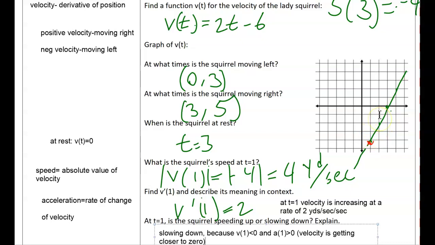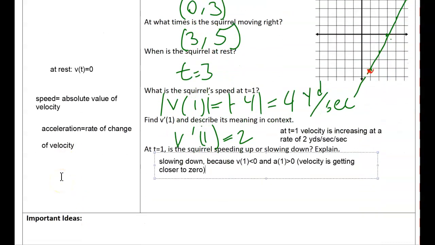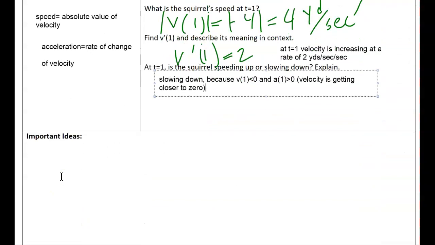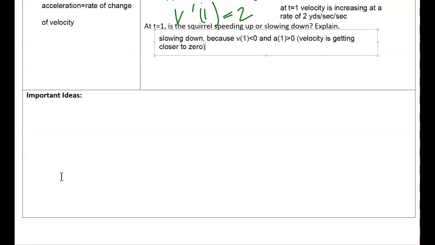So what that means, and this is hard to wrap your head around at first, is that the squirrel is still moving to the left on the wire, but it's slowing down, right? And at this point, that's when the squirrel turns around. So my velocity is 0 for a split second, and then he starts moving to the right. Again, hard to wrap your head around at first. You'll acquire that idea in time. For now, make sure your notes are really good so you have a reference to tackle those.